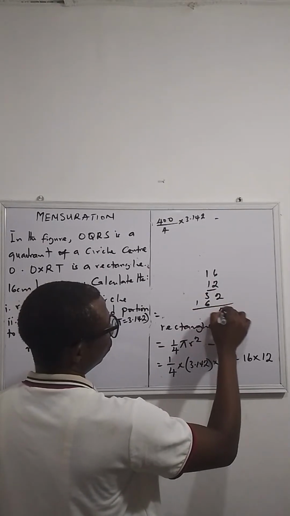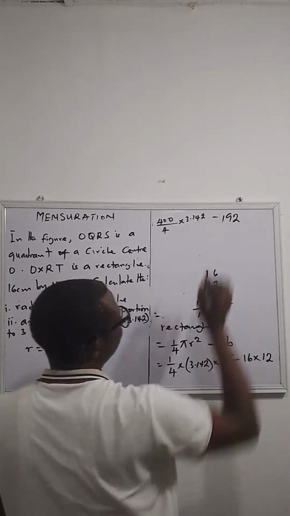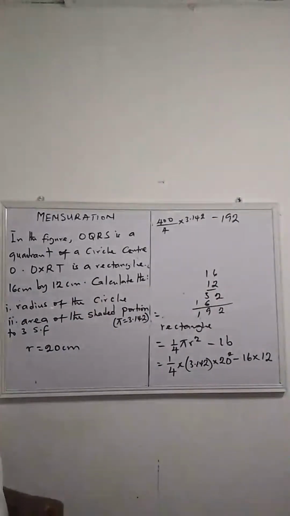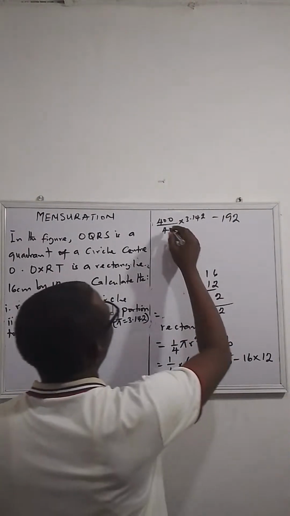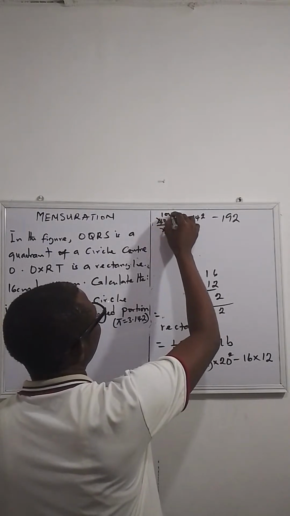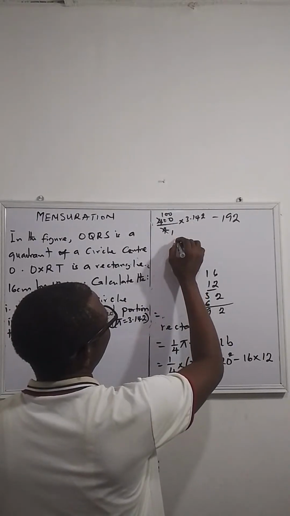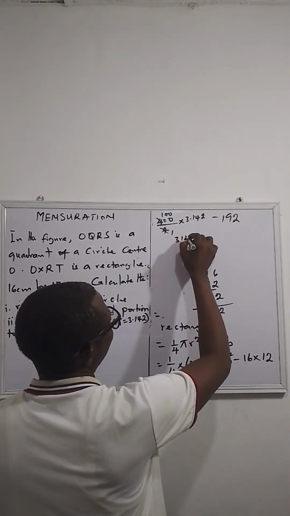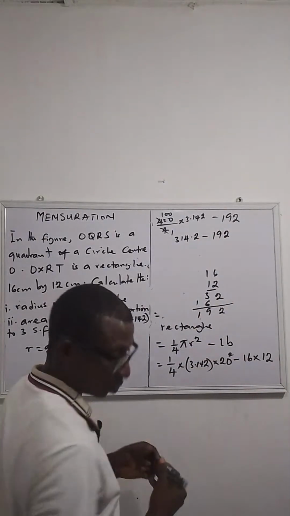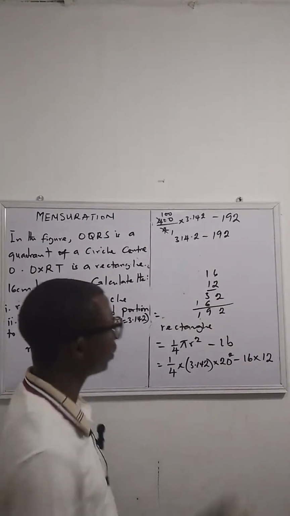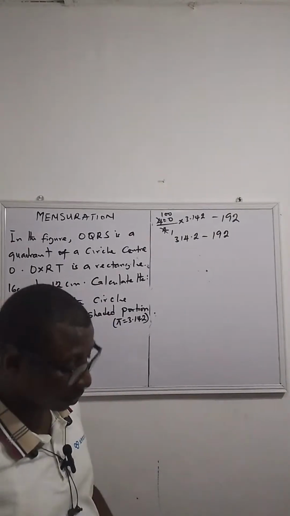So we have 192. All right. Now 4 goes into 400 one hundred times. So we can multiply that 100 by this, which gives us 314.2 minus 192. Can we subtract that? Now let's subtract that, and we'll get our answer.